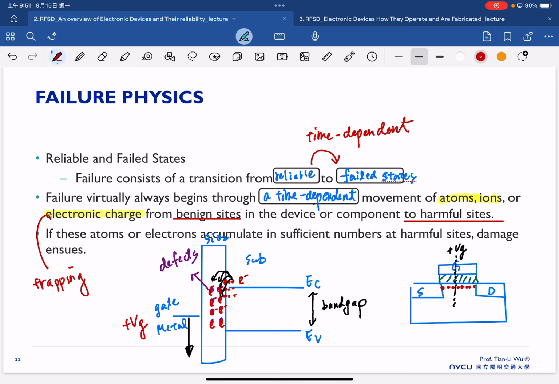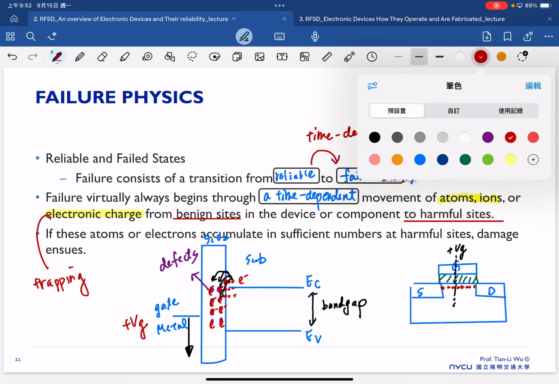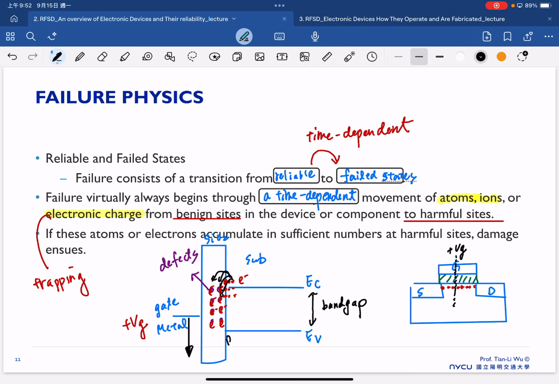I think so far this phenomenon is very straightforward. We don't need a very complicated equation. That's just high school physics. I think you can still easily understand. So once we have the defect here, and because electrons are injected from the substrate into the dielectric, the defects can capture the electron.